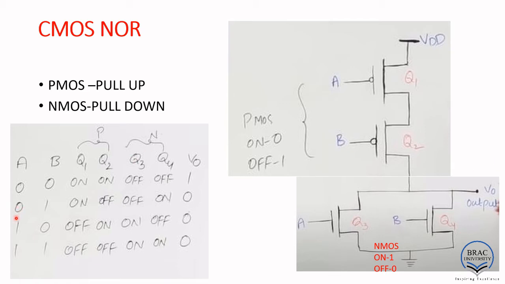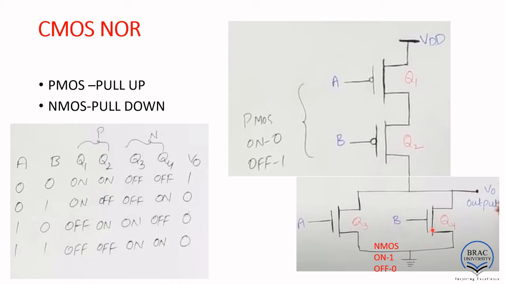Just consider the next case, 0 1. So 0 means this is on, this is shorted, but 1 means this is off, that means this is open. So we are not getting a connection from VDD to V0. For the NMOS, 0 means this is off, and 1 means this is on.